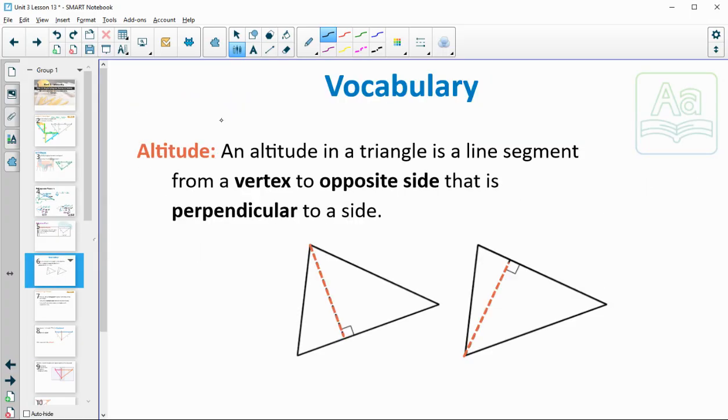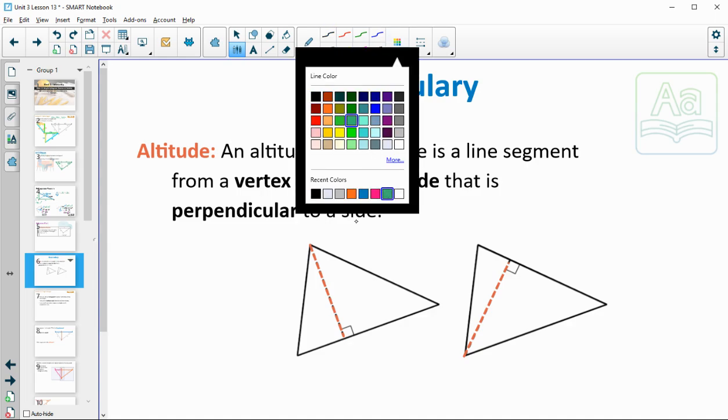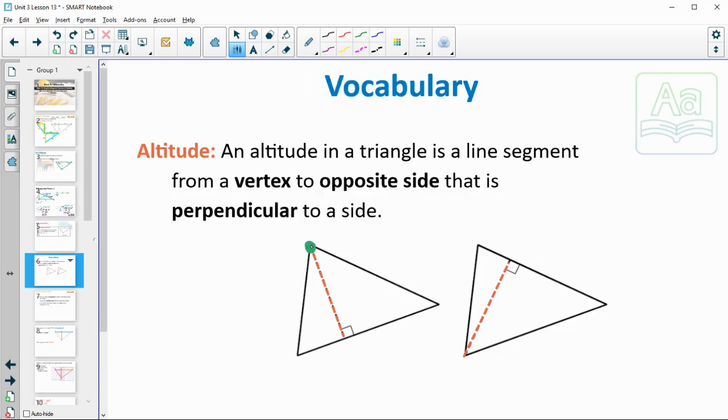All right, then another vocab word that we're going to use today is altitude. An altitude is just a segment in a triangle that connects a vertex to the opposite side with a right angle. So from any vertex, a segment drawn perpendicular to the opposite side is called the altitude.